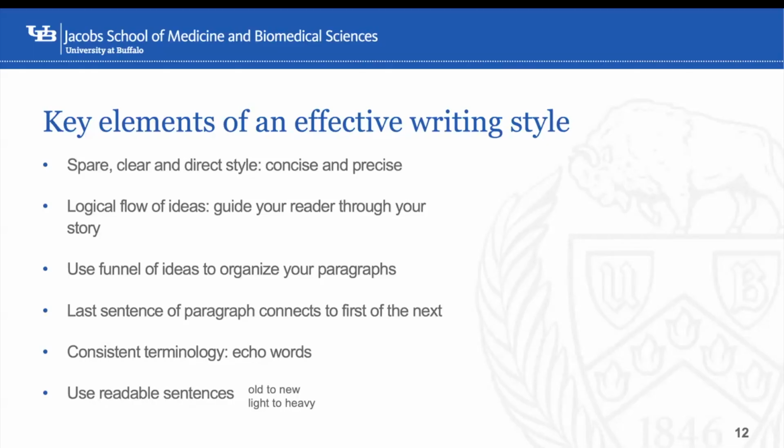You want to guide your reader through your story, using funneling of ideas to organize your paragraphs from broad to narrow, with the last sentence of a paragraph connecting to the next. That seems very simple. We learned that in primary school, but sometimes we forget.